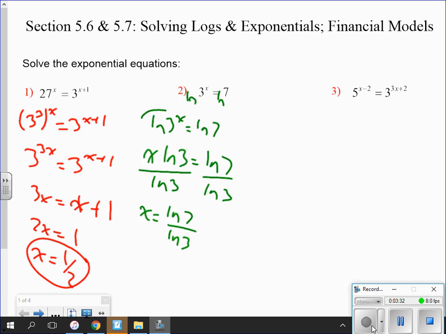And you do that on your calculator, and it is not the natural log of 7/3. You have to do the natural log of 7, divide that by the natural log of 3. And you get x is approximately 1.771, in 3 decimal places, once again, standard.